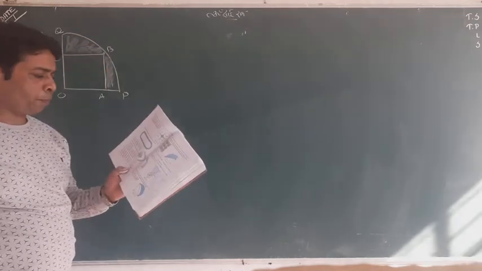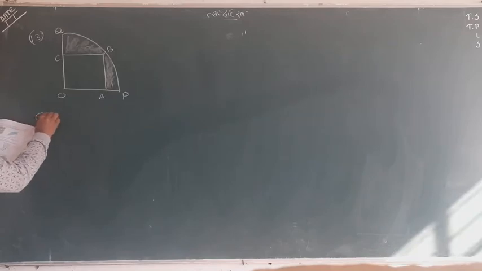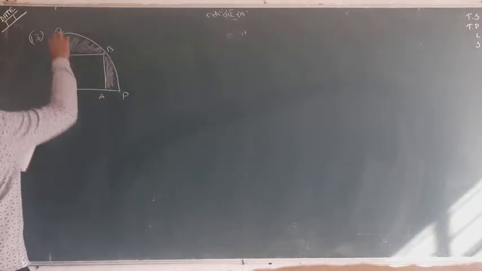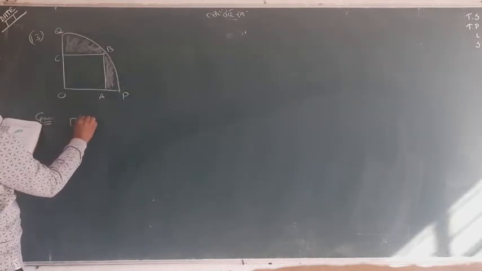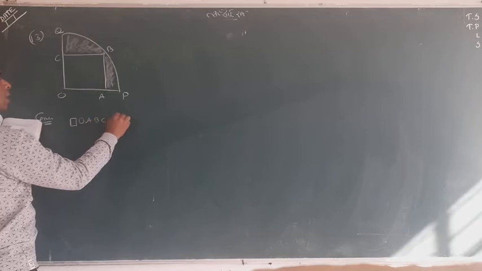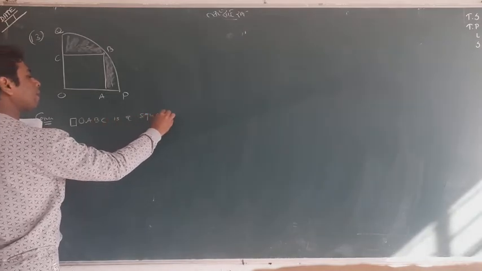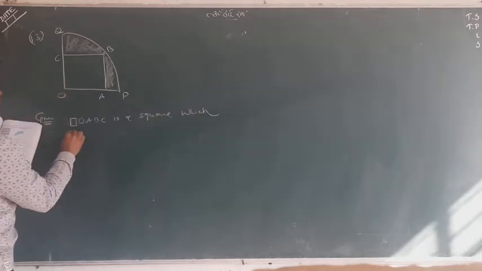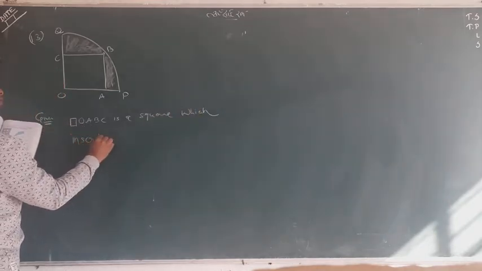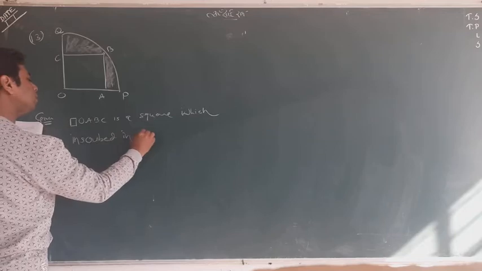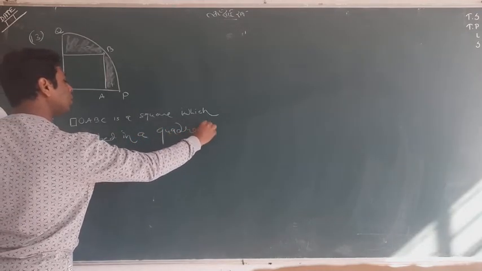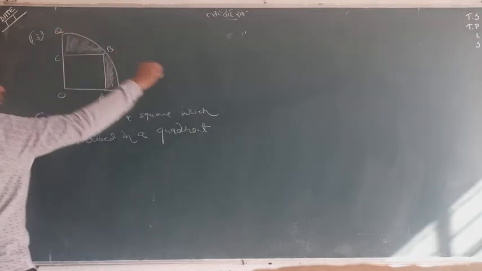This is a picture. We are given OACB is inscribed in a quadrant OPBQ. OABC is a square which is inscribed in a quadrant OPBQ.